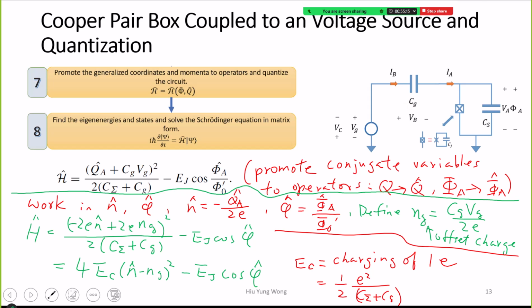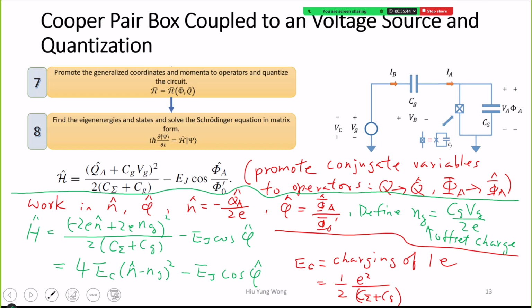In the last case, we just hand-wavingly came up with this Hamiltonian. Here we rigorously went through the Hamiltonian, and you see that what we did before was correct if we make Ng equal 0, which makes sense: if I don't have the capacitor, meaning Cg tends to 0, then of course Ng is 0, and I go back to the previous Hamiltonian.